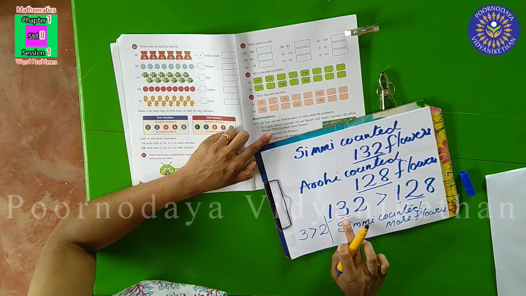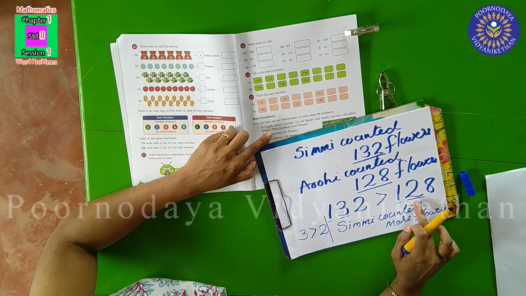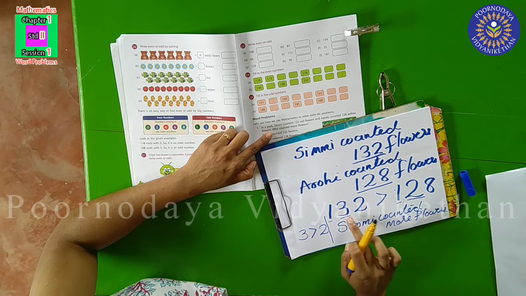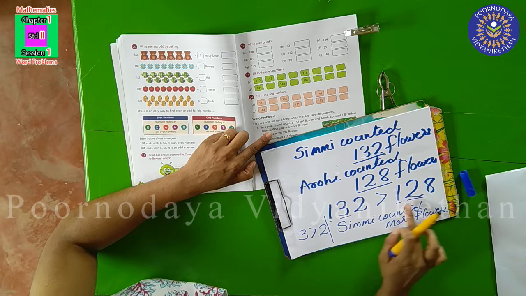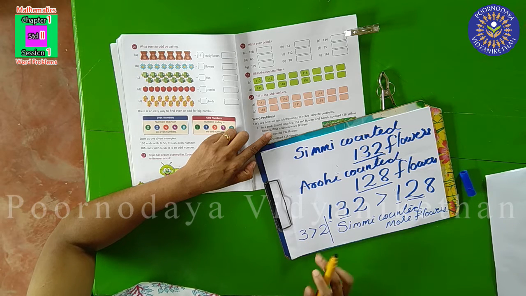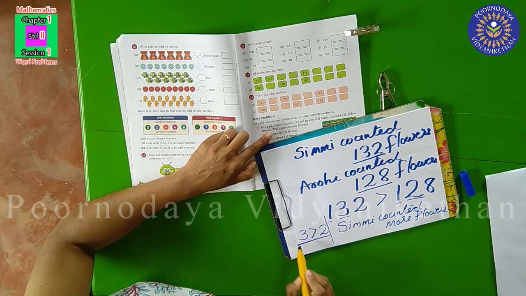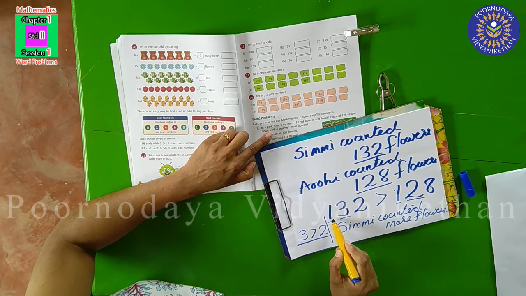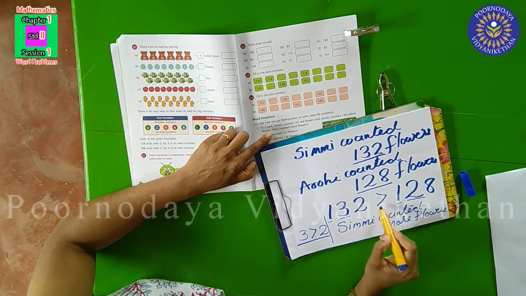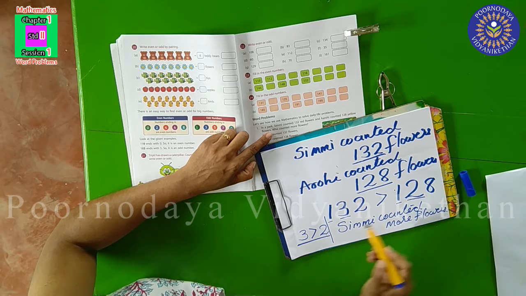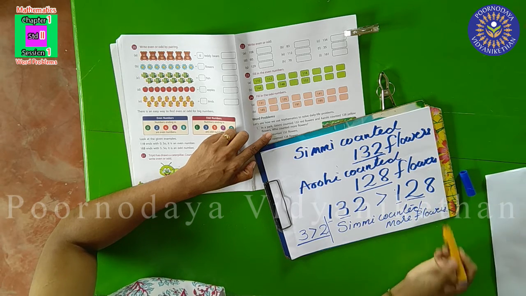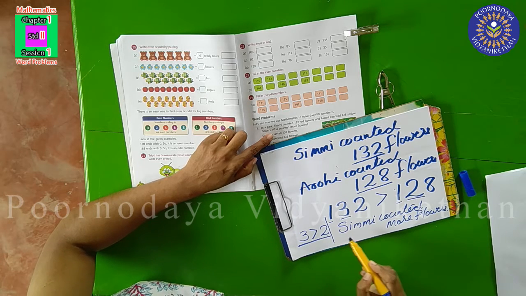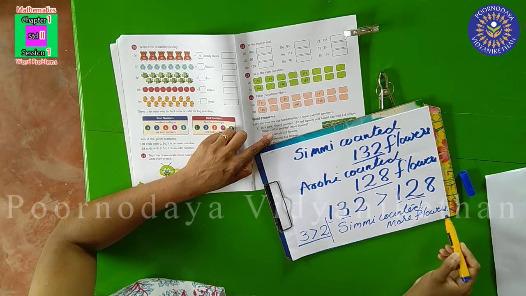In the tens place, here it is 3 and in the second number there is 2. 3 is bigger than 2. Now you can say 132 is greater than 128. So our answer is Simmi counted more flowers.